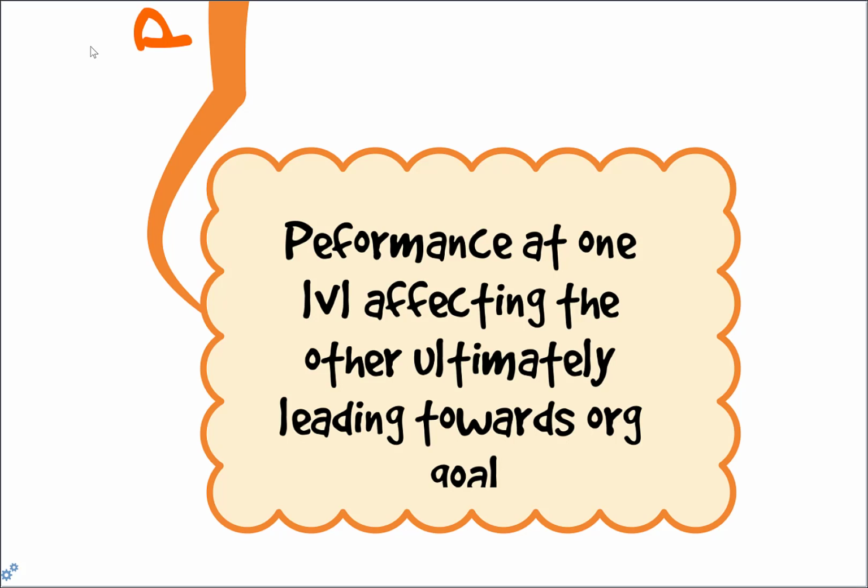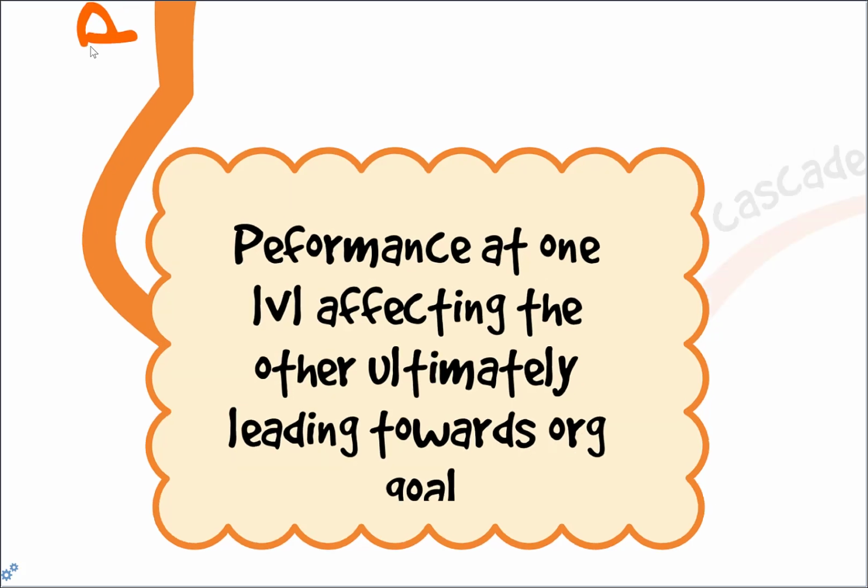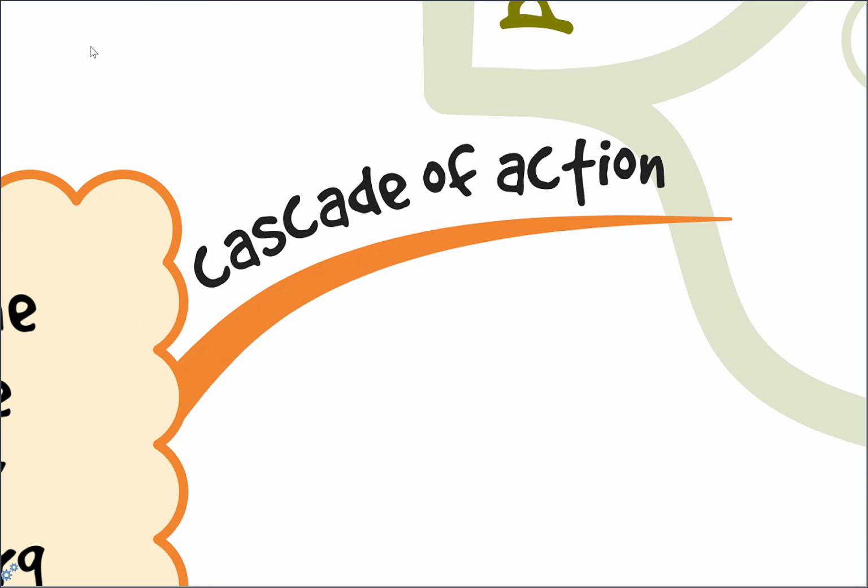When your performance is right at the operational level, it actually contributes toward the tactical and finally the strategic performance. So basically, the uniqueness of a performance pyramid is that it is a cascade of actions that ultimately lead towards the organization goal.